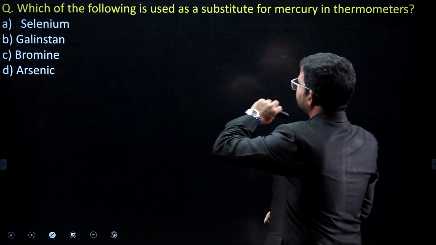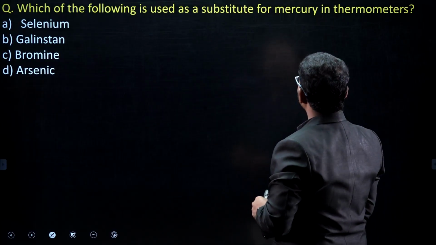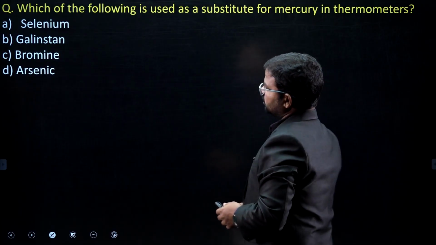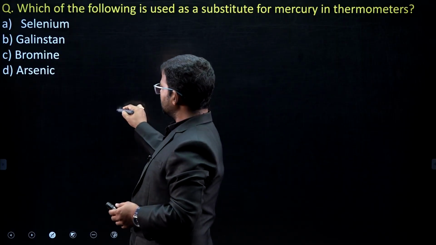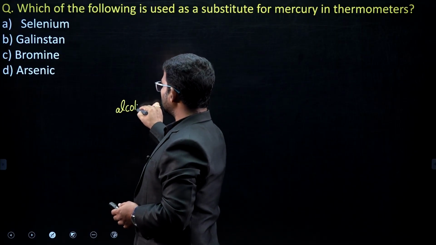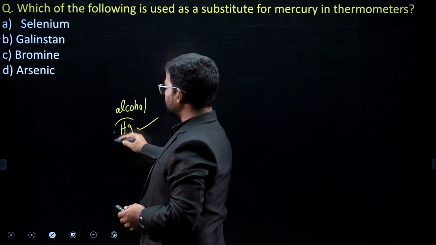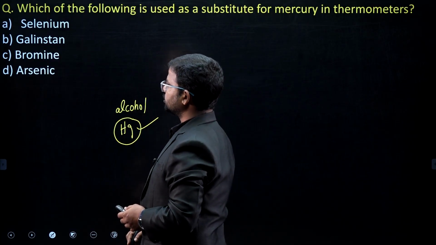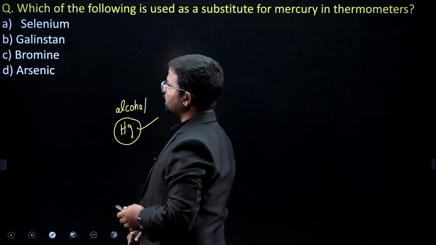Next question: which of the following is used as a substitute for mercury in thermometers? Generally we use mercury, and also alcohol. But here they ask what the alternative to mercury is, especially in thermometers. The options are selenium, galinstan, bromine, arsenic.